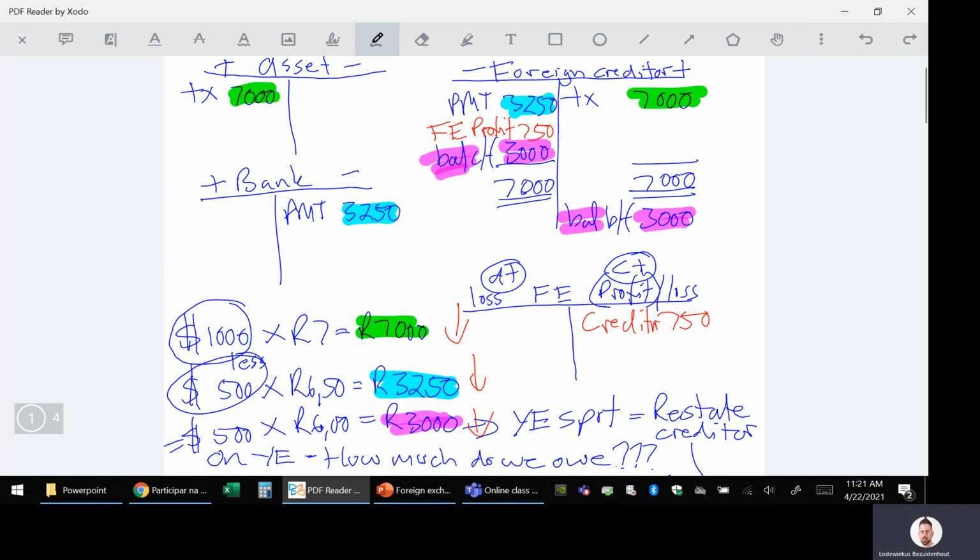All right, so this 750 is just your balancing figure to balance the creditor.